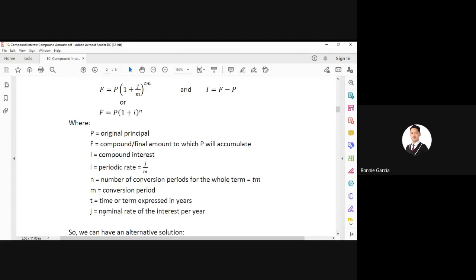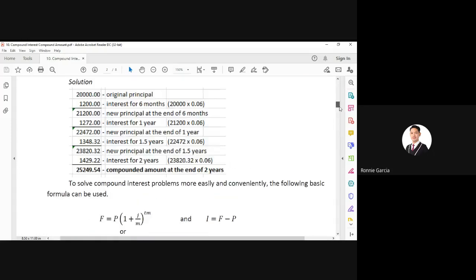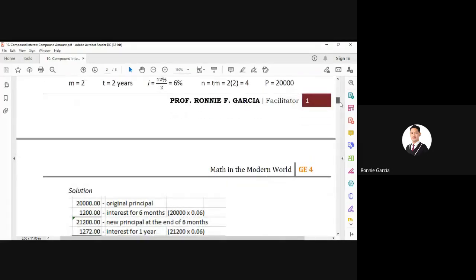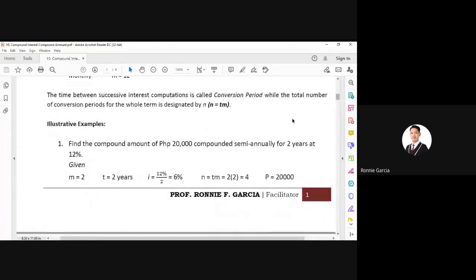So we have the nominal rate and the periodic rate. Katong nominal rate, mao ni siya ang rate nga gina-mention sa problem. So if we are going to review the problem, katong first problem ganina, ang nominal rate diri is kaning 12%, right? Mao ni siya, J, mao ni siyang J. Ang atuang M is 2, so mo nang gi-divide siya 2 diri.